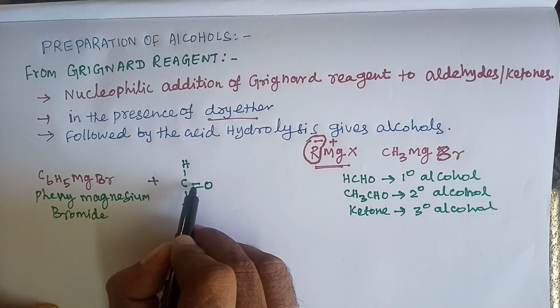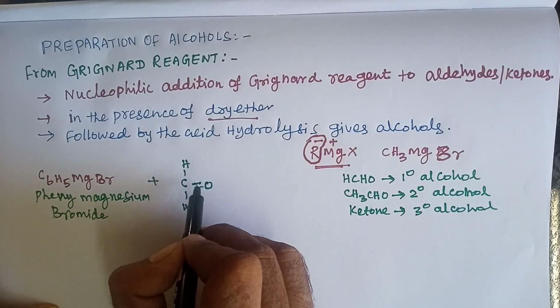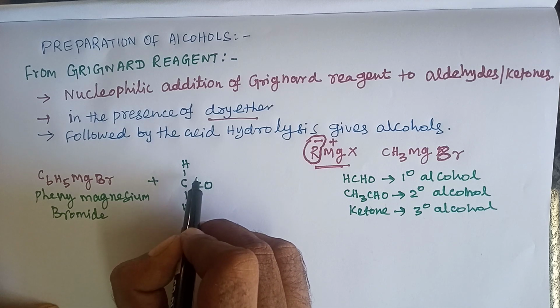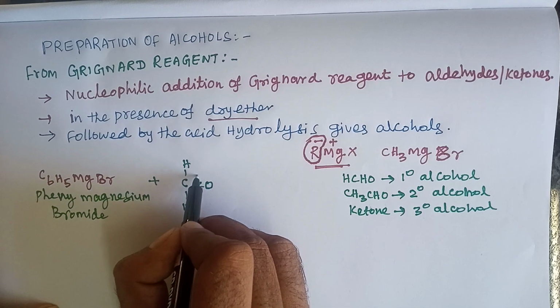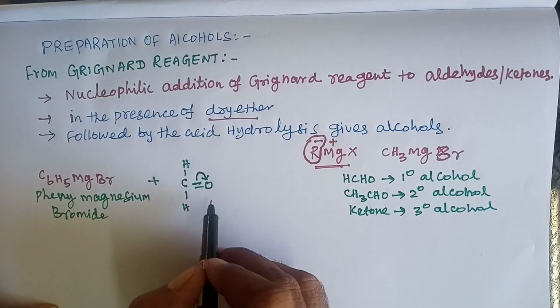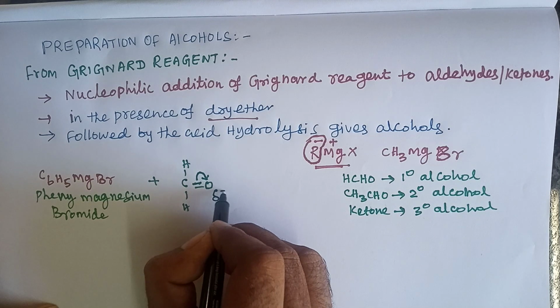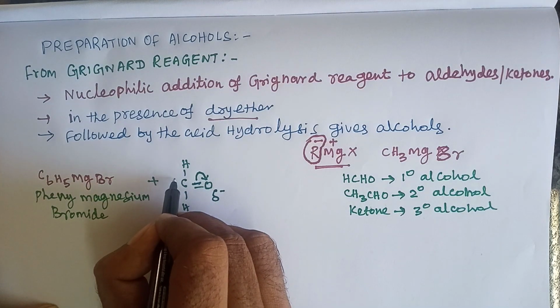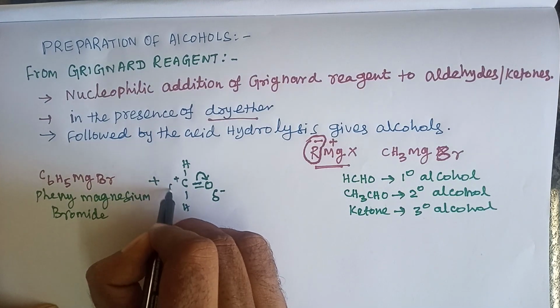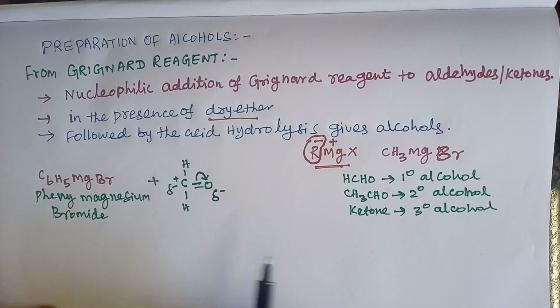Here, this oxygen is a more electronegative atom. It pulls the shared pair of electrons towards itself. So oxygen attains a partial negative charge, and this carbon attains a partial positive charge.